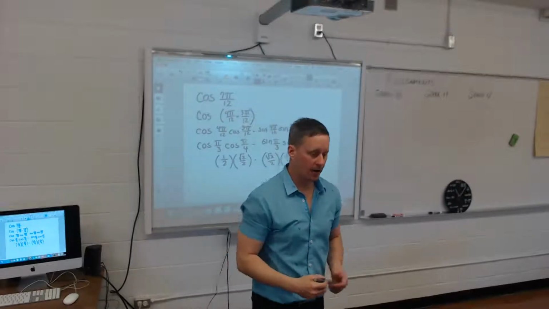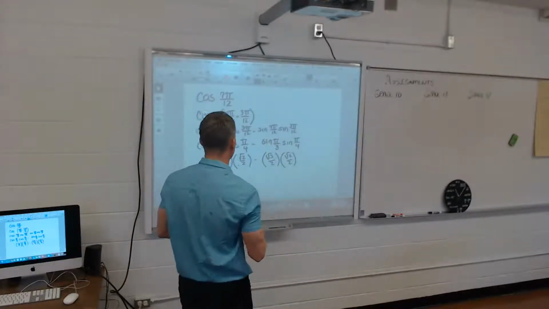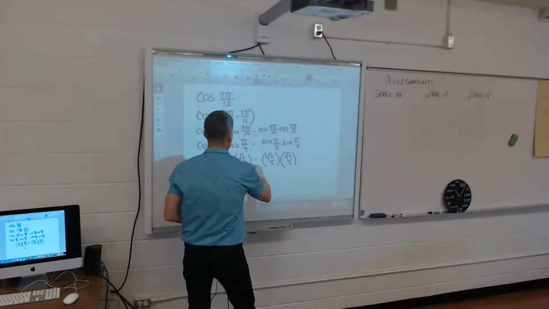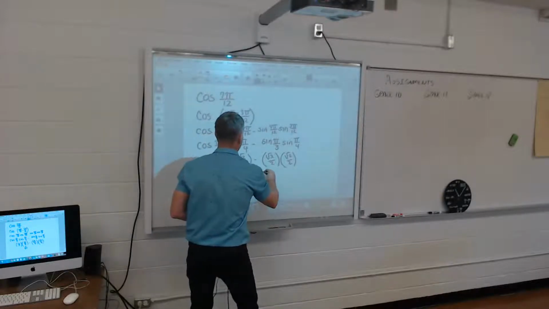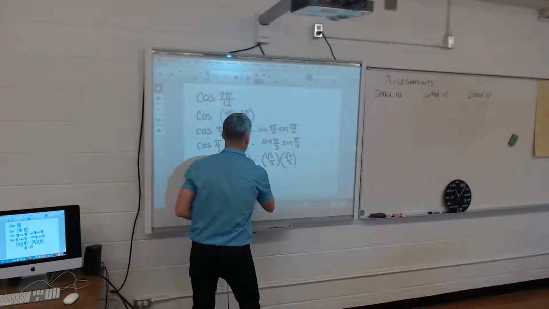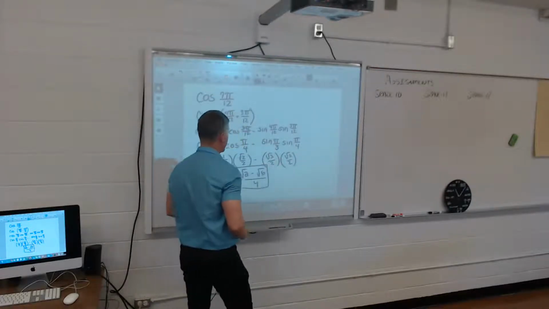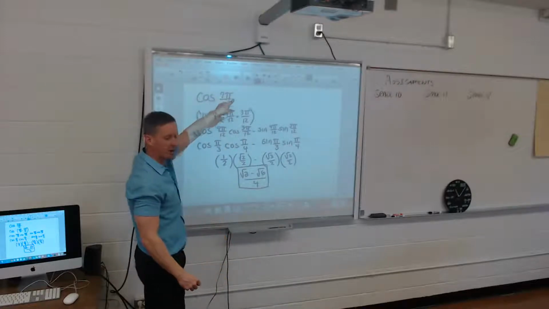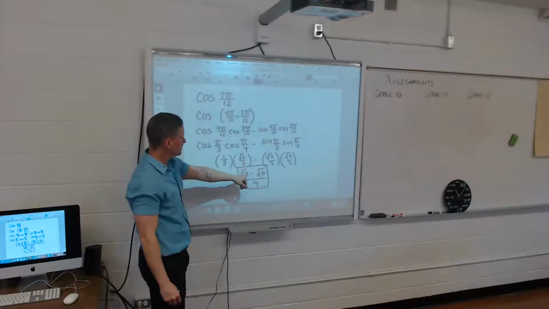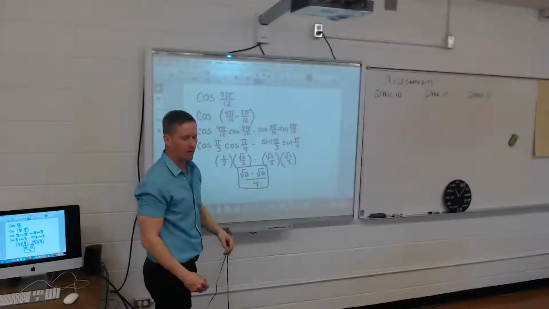And now I've got 2 sets of fractions. This becomes root 2 over 4, subtract root 6 over 4. So the exact value of the cos of 7 pi over 12 is root 2 minus root 6 over 4.